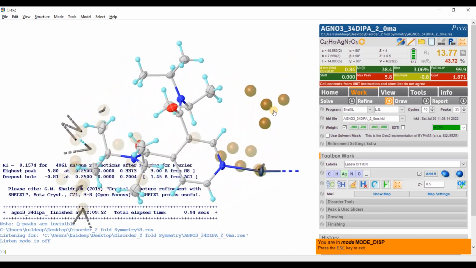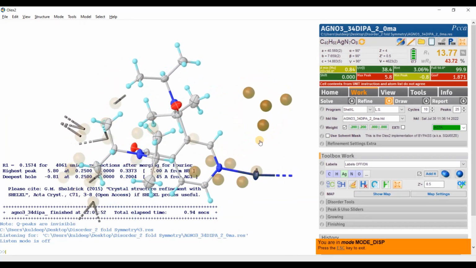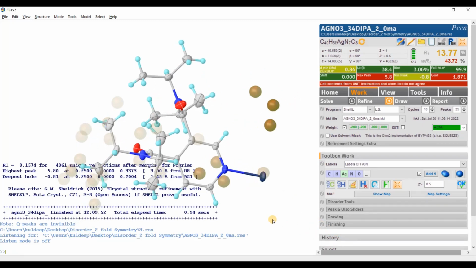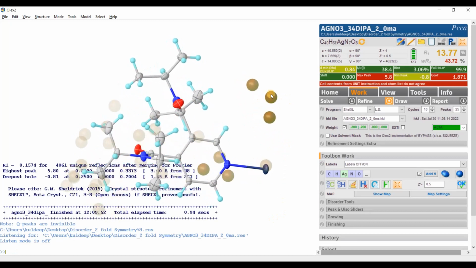Okay, let's first come to this part. For this part, it should be a nitrate. I'm going to press escape and fuse again and I am getting these three peaks. So this should be a nitrogen and these are the oxygens.